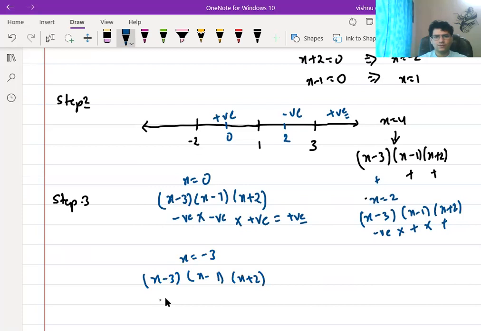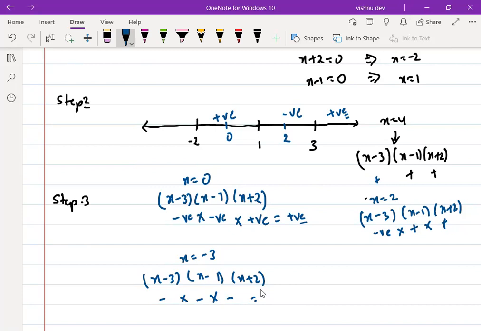So minus 3 minus 3 is minus 6, negative. Minus 3 minus 1, minus 4, again negative. Minus 3 plus 2, again minus. So minus into minus into minus, what will we get? No, it will not always be in an alternate pattern. Okay, minus.